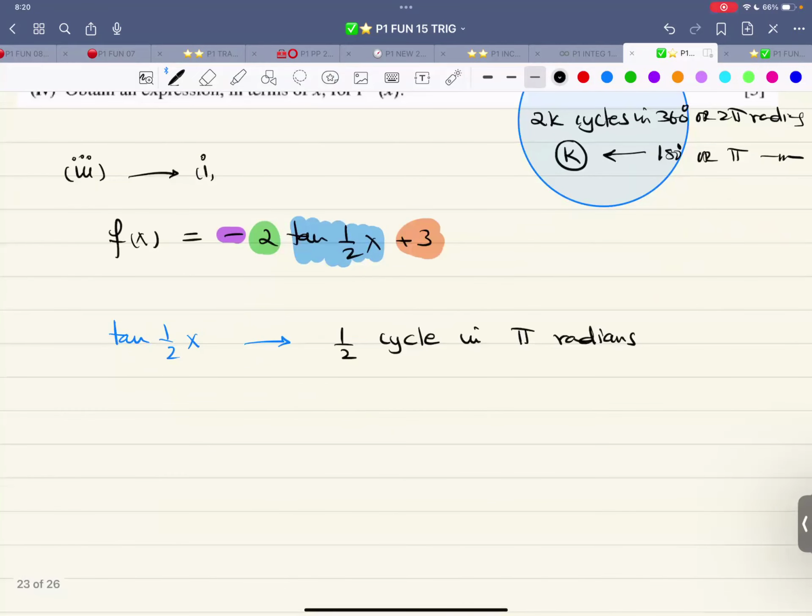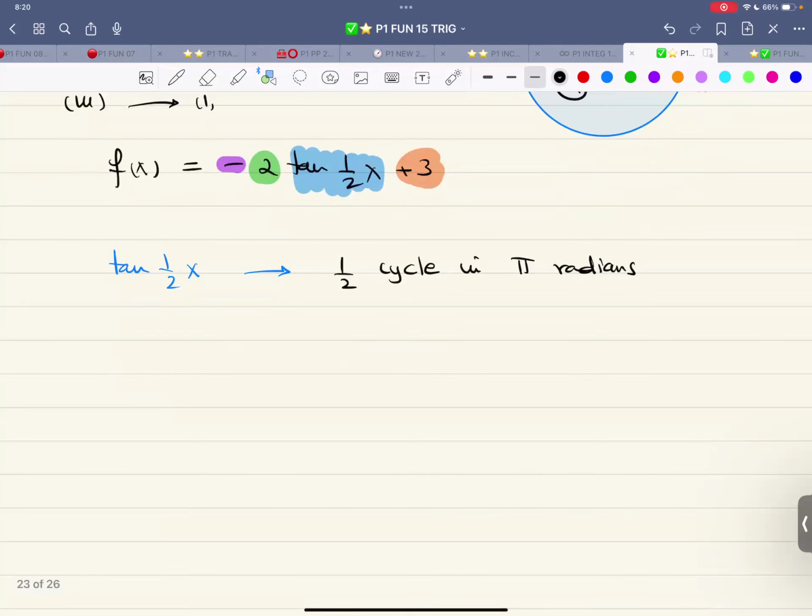So when we talk about half a cycle for tangent, let me draw this thing. Hold for a second. So when we talk about tangent, half a cycle is like this, and that is like this. This is a full cycle. This is 0 till pi for y is equal to tan x.